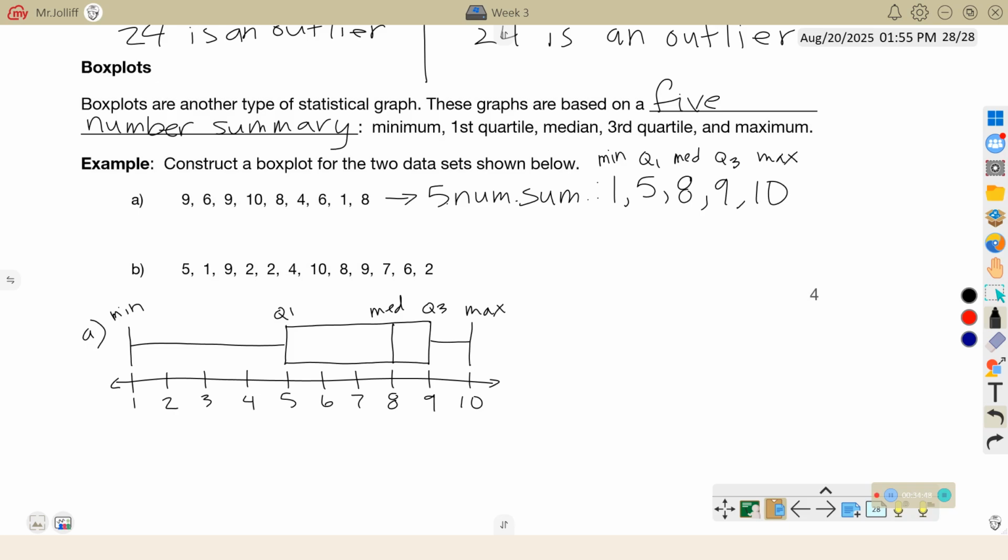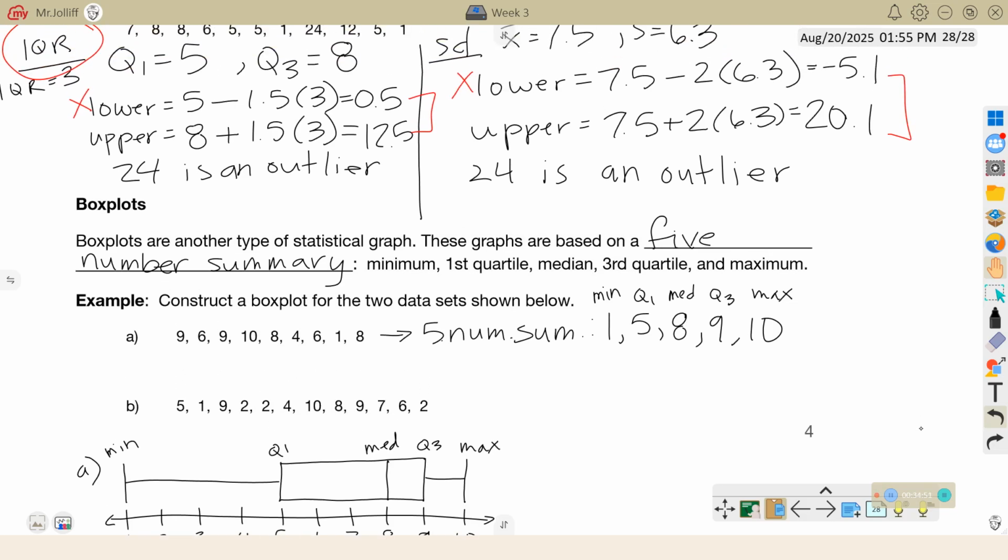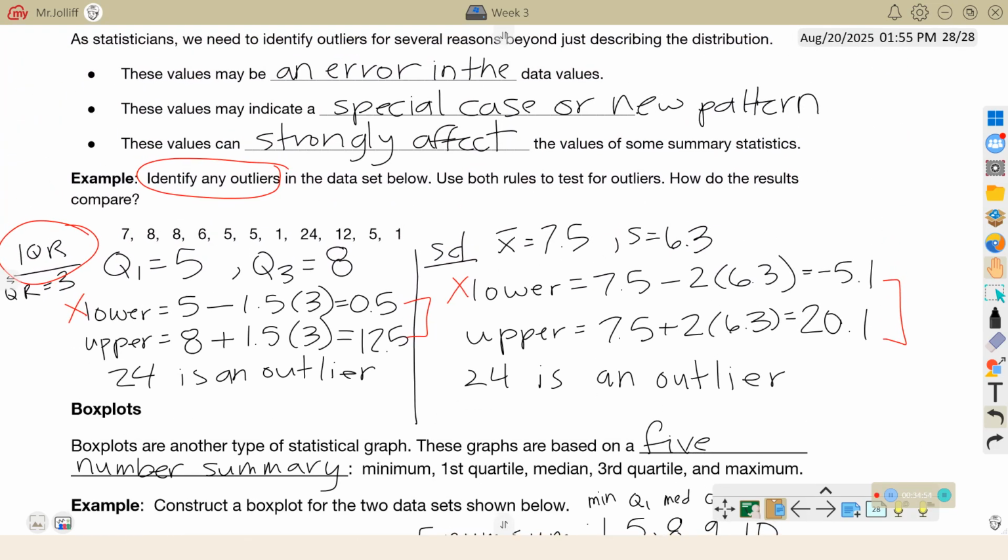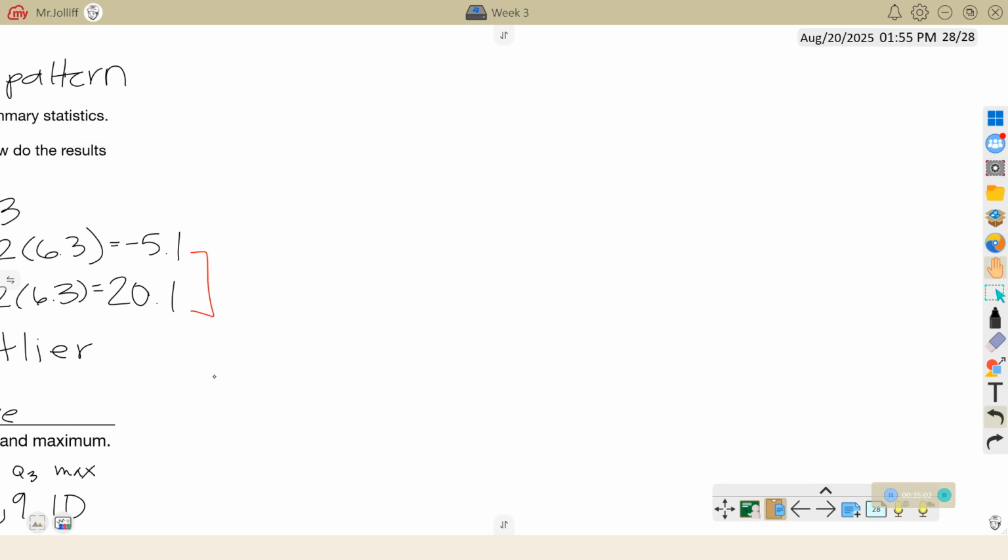Sometimes when you have a data set like this one up here that had an outlier, what you will see is they will do what's called a modified box plot. And what a modified box plot does is remove the outlier from the picture and write it off to the side.